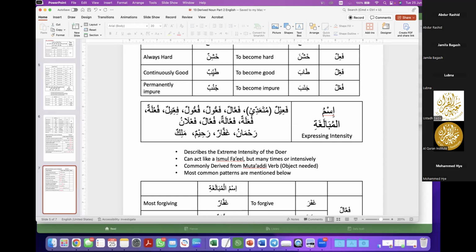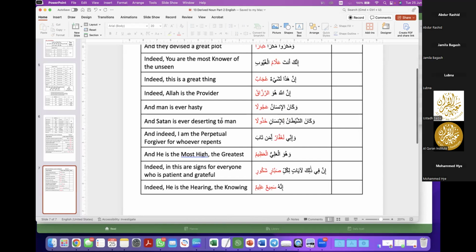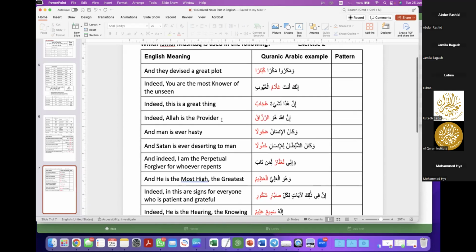Ar-Razaku, so it was Razakun, but it could be Razakan, Razakin as well, depending on, say, a harf coming or an object element. So the pattern is fa'alun, but it may be fa'alan, fa'alin as well. Obviously, when alif comes, then the noon sound will not be there, as you know.